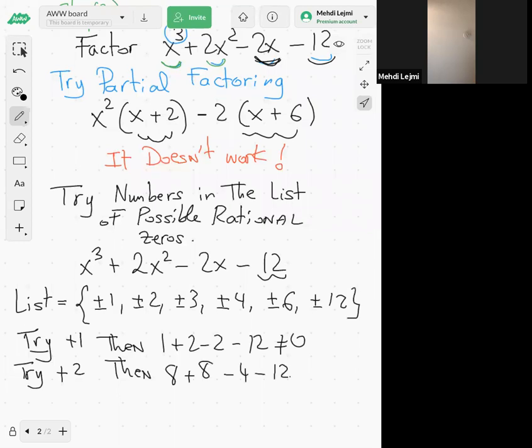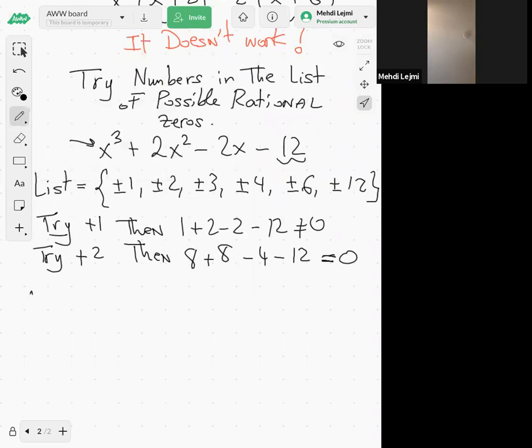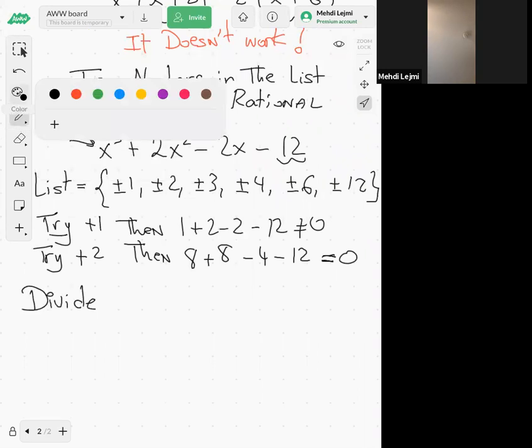So you get 0. If you plug 2 here, you get 0. So that means that actually 2 is a solution of this quotient.